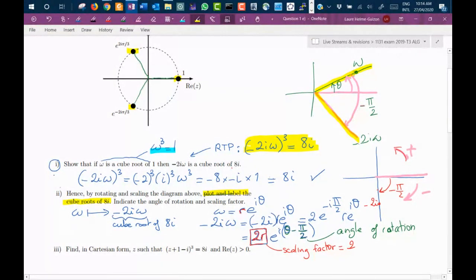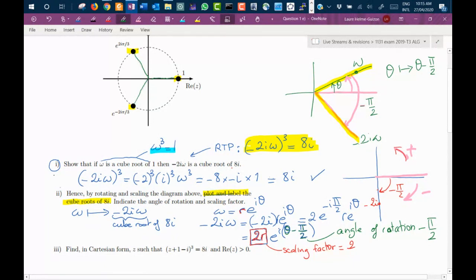Did I rotate by something positive or negative, to go from the old where omega is to the new one? I even wrote the angle of rotation. You can look at the drawing, or you could say I have theta, and now I have theta minus pi on 2. What's the angle of rotation? Minus pi on 2. Thank you. So my angle of rotation is minus pi on 2.